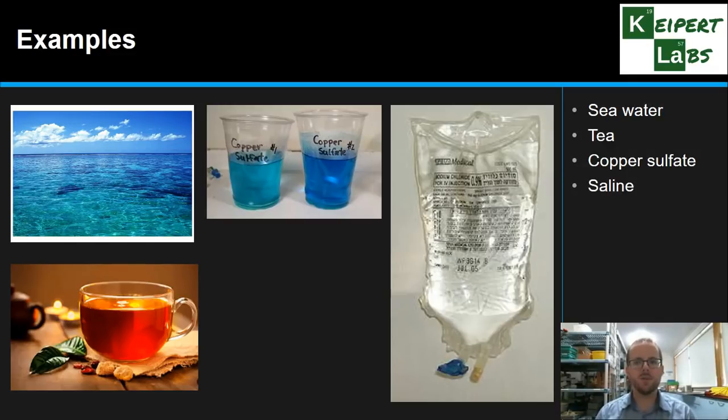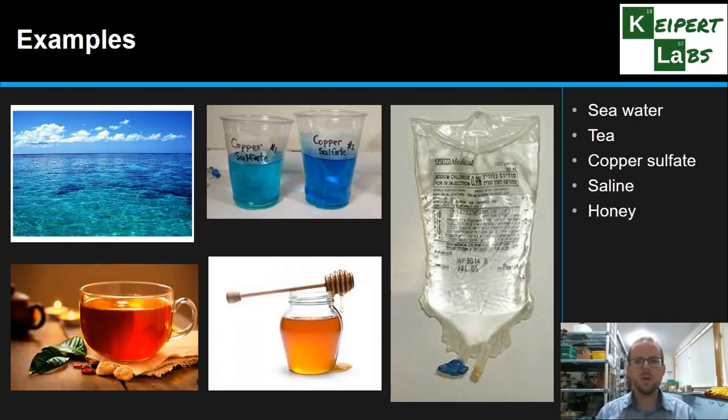Saline, like you might have in a drip if you're on an IV drip in hospital, is a salt solution, or salt and sugar and other sorts of things as well. And also honey is a solution. So you can see that it's not all about things being really runny. Honey is a solution that's very thick. We say, in scientific terms, that it's viscous. All of these are everyday examples of solutions.